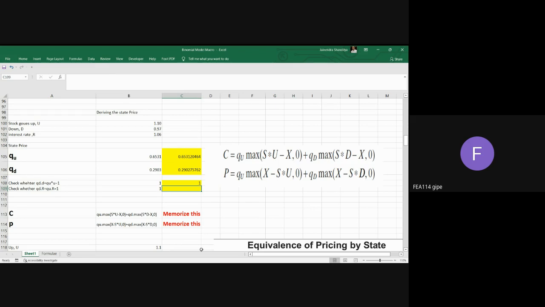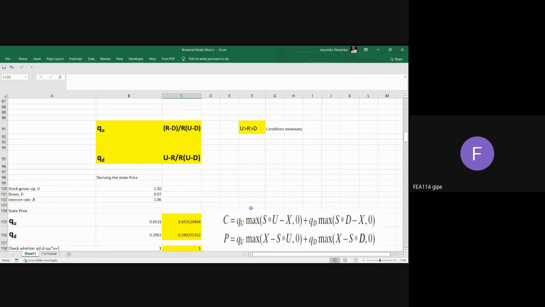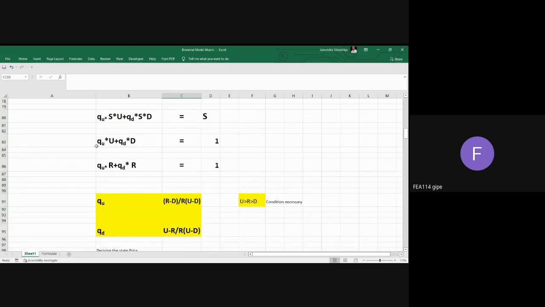So they are equal to 1. So for our assumptions, when we started, QU into U plus QD into D equals 1, and QU into R plus QD into R equals 1.